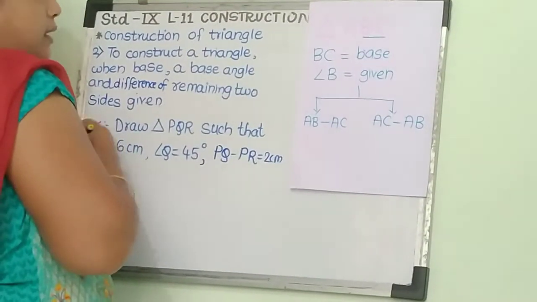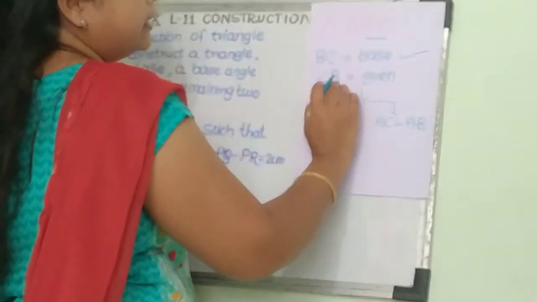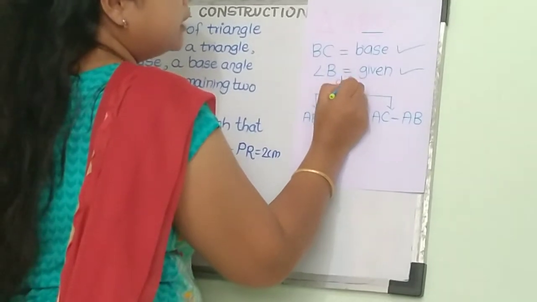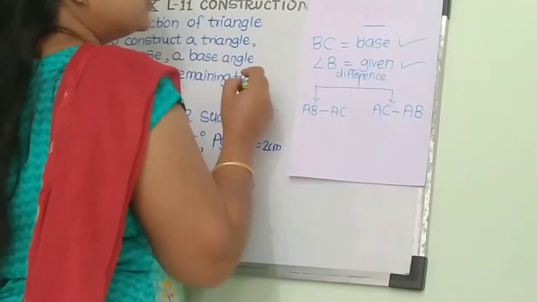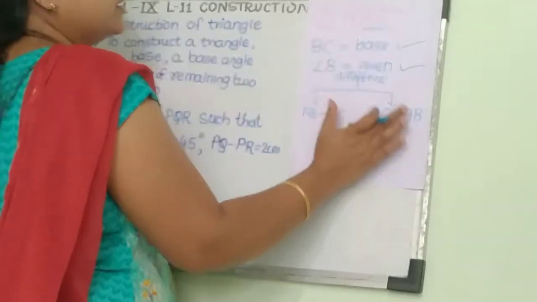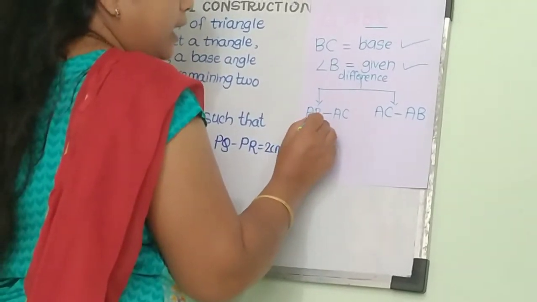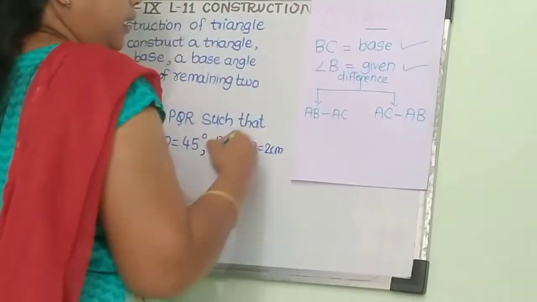See here, we already know BC base is given, angle B is also given, and then the difference of the remaining sides is given. So the difference may be with two conditions, either AB minus AC or AC minus AB.